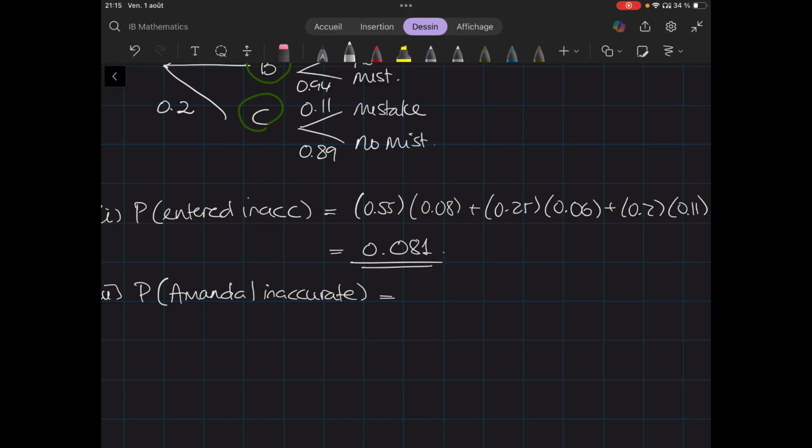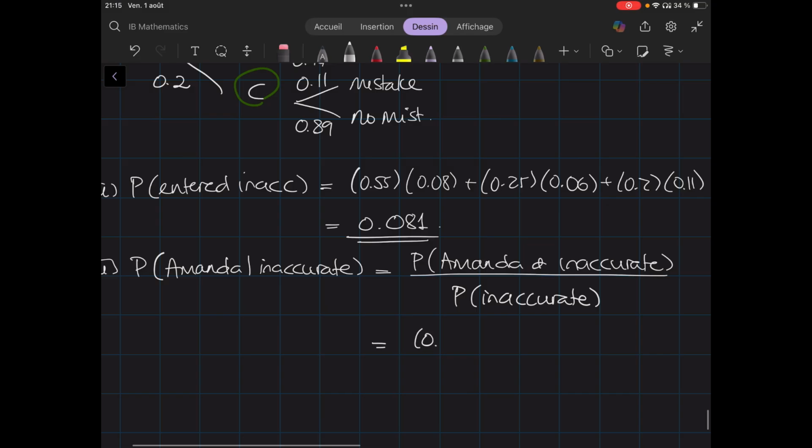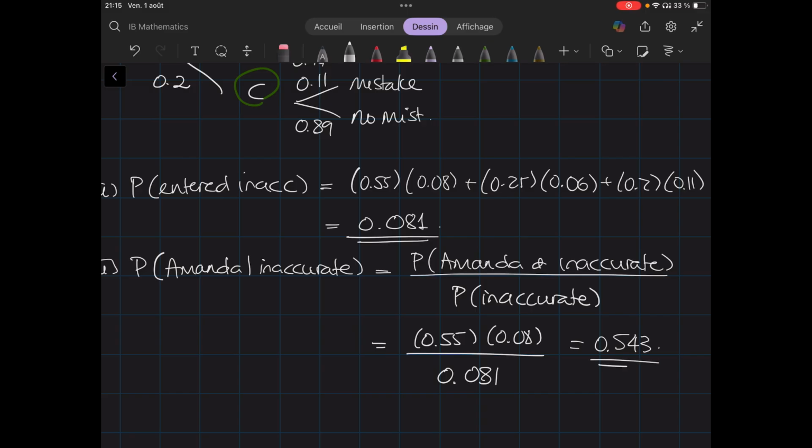P of A given B is P of A intersecting B divided by P of B. So in this case, it's the probability that Amanda enters an inaccurate survey divided by the probability of being inaccurate. P of Amanda is 0.55, P of inaccurate given Amanda is 0.08, divided by the same denominator. And you will get 0.543.